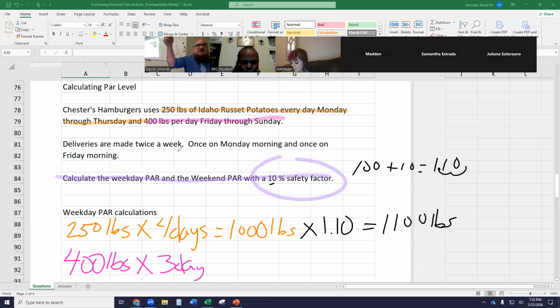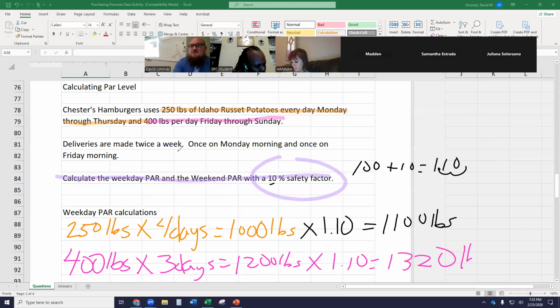Because that's Friday, Saturday, Sunday. 1,200 pounds times 1.10 gives me what? 1,320 pounds. So jot that down in your notes. That's the weekend.